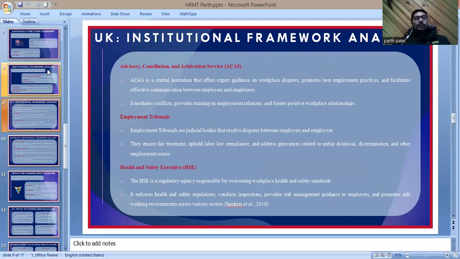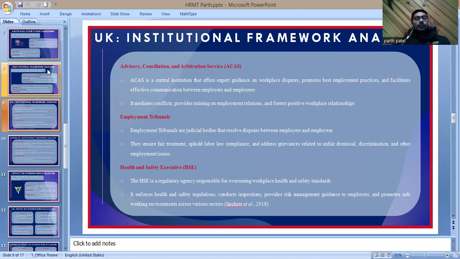Next, we are talking about the institutional framework analysis. In particular, we talk deeply about their aims and their working conditions. First, the UK.